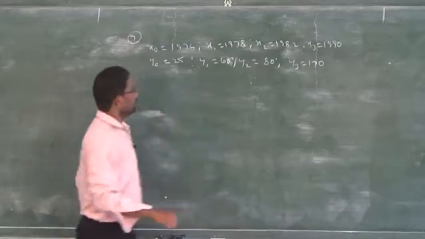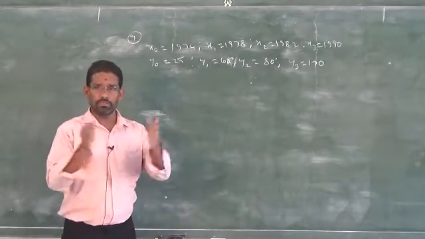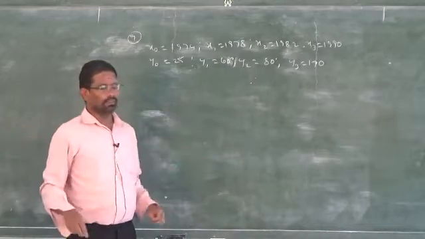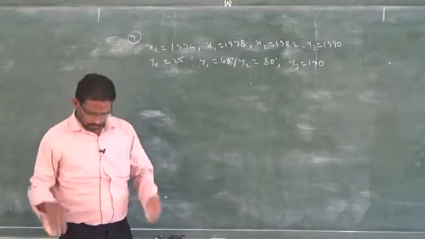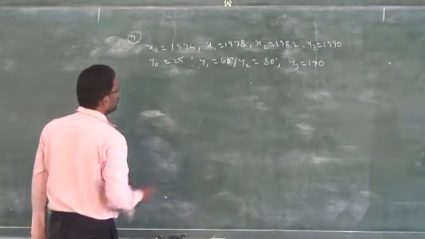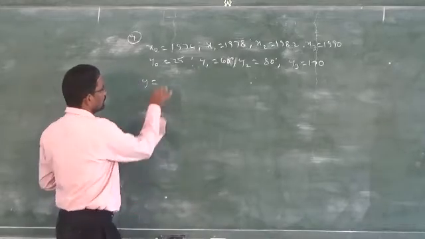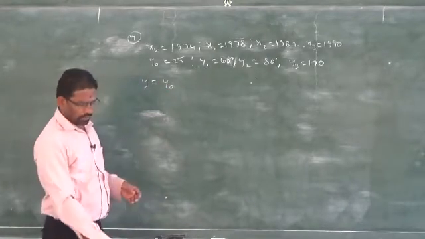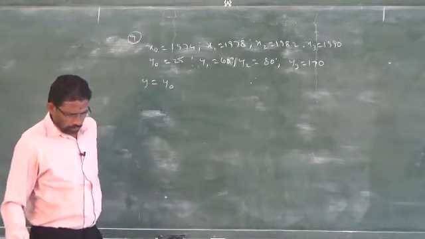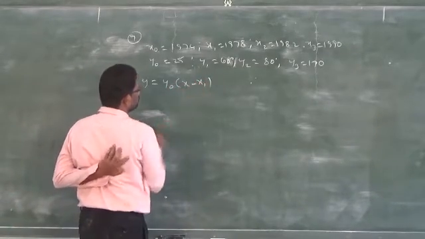You have to take the given data. Applying Lagrange's formula is also lengthy, but when you use the calculator, you will get the answer easily. Now I am writing Lagrange's formula straight away. Y is equal to, you always start with Y0. Y0 times X minus X1, don't write X0.